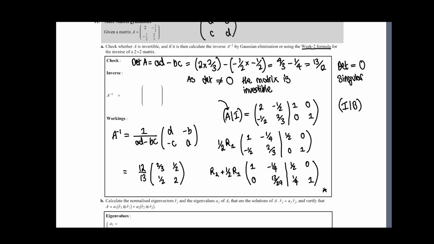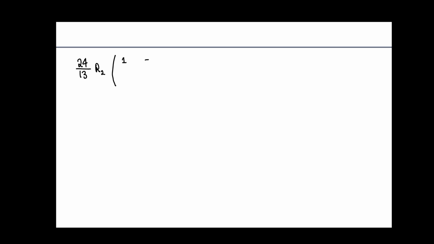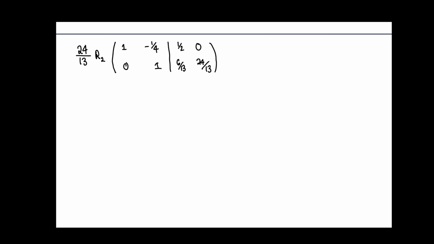If I carry this on a new page, I now have to do 24 over 13 of row 2. That gives me 1, minus 1 over 4, 0, 1. And then doing the same to the identity matrix gives me a half, 0, 6 over 13, 24 over 13. And finally, we need to turn this element into 0. To do that, we have to do R1 plus 1/4 of R2.